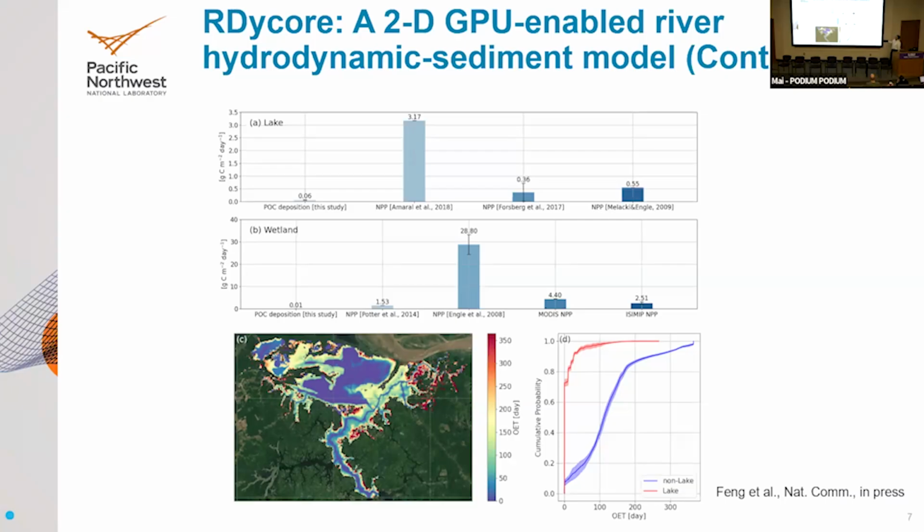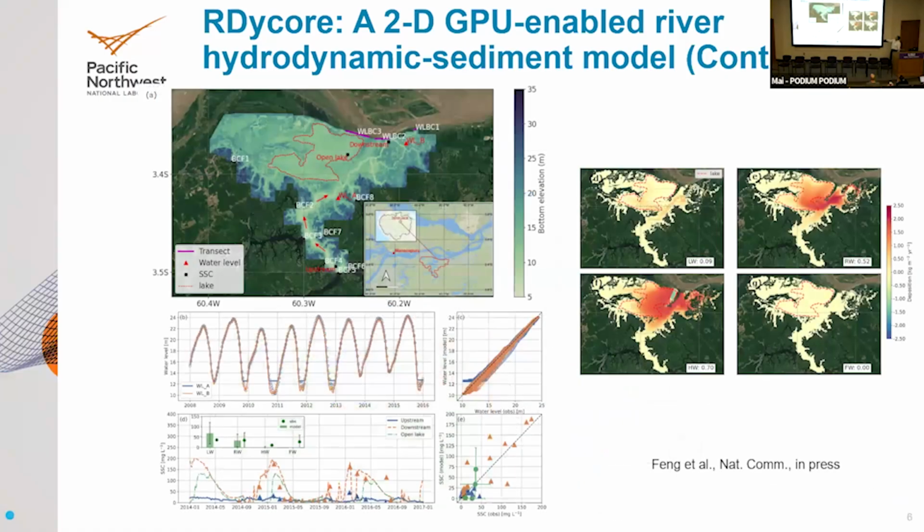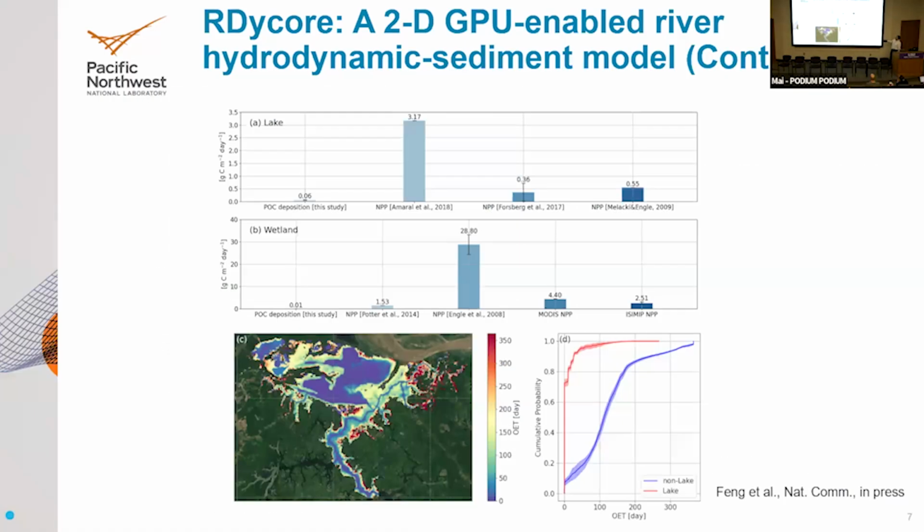When we take a look at the lake area, which is in this region, we found that the deposition of organic carbon is 1 order of magnitude lower than the in-lake primary production.